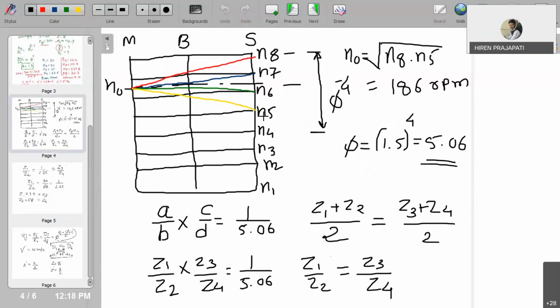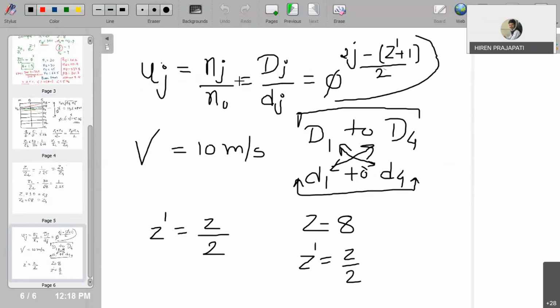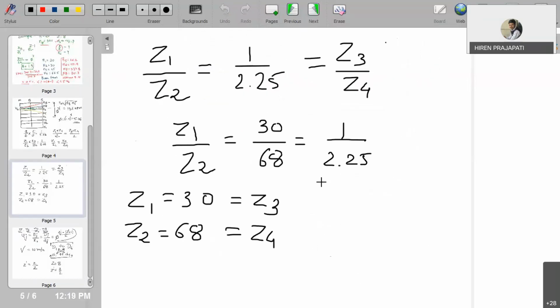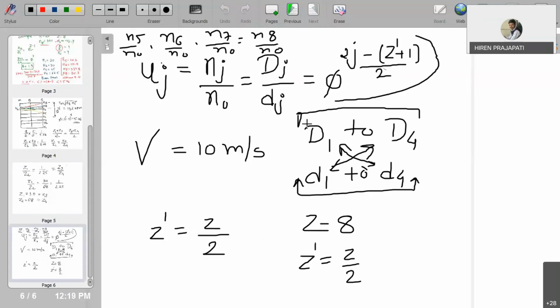You get N5 to N8 using the pulley drive, so you need to find N5 by N0, N6 by N0, N7 by N0, and N8 by N0, because the remaining speeds, N1 to N4, we are getting using the back gears, the gear drive.